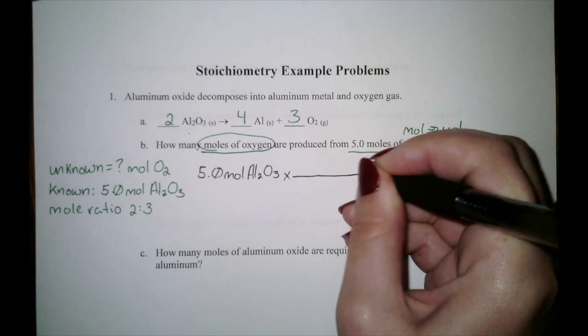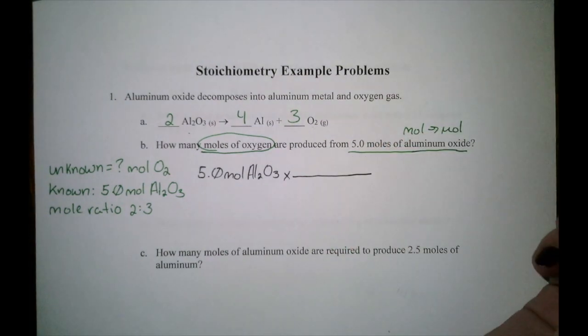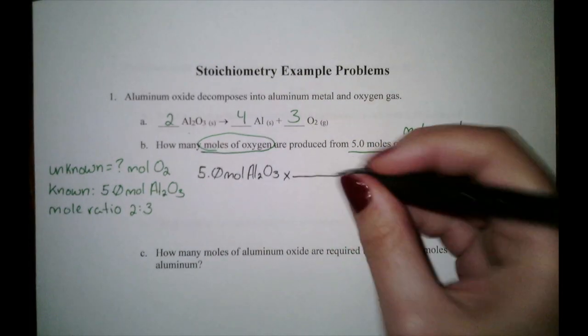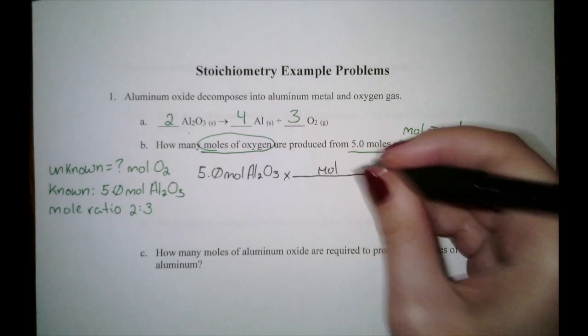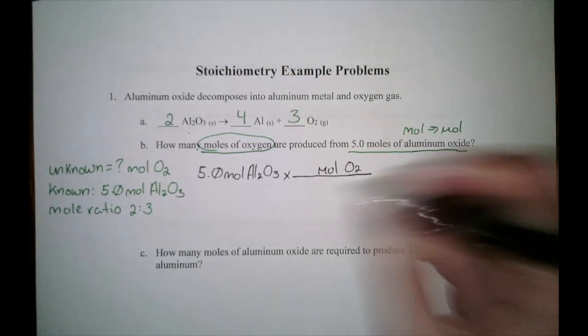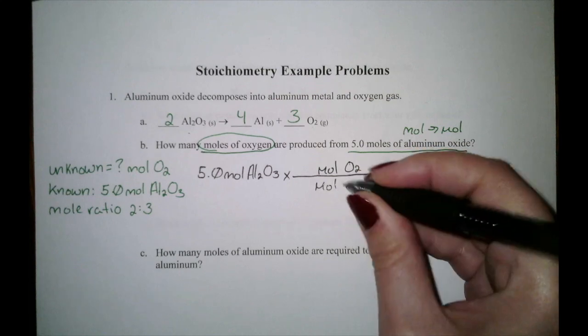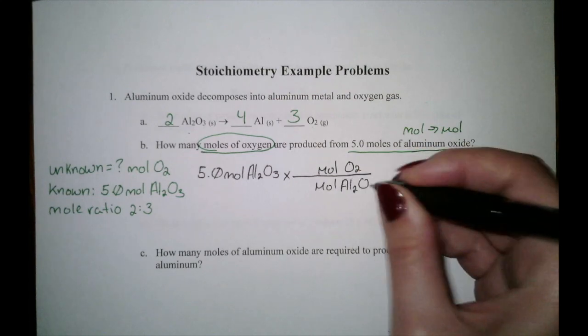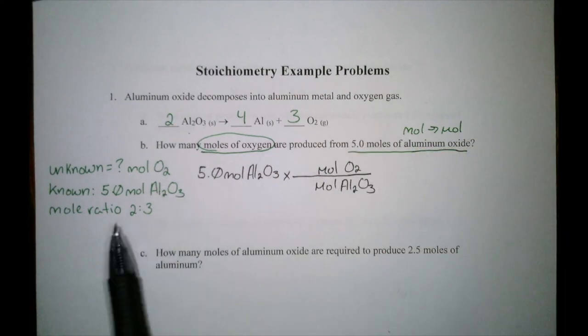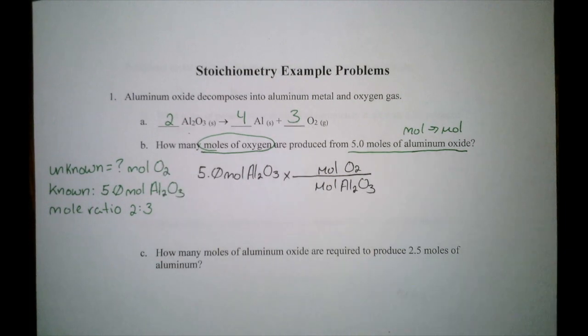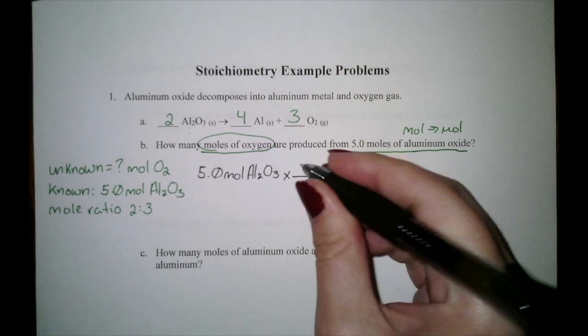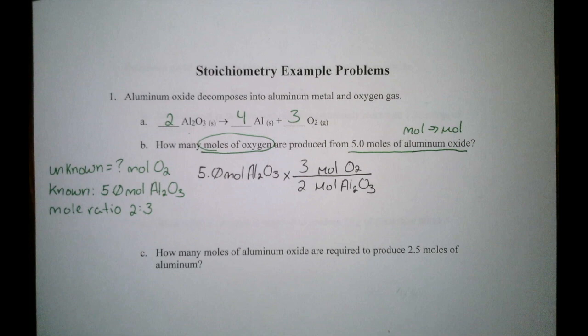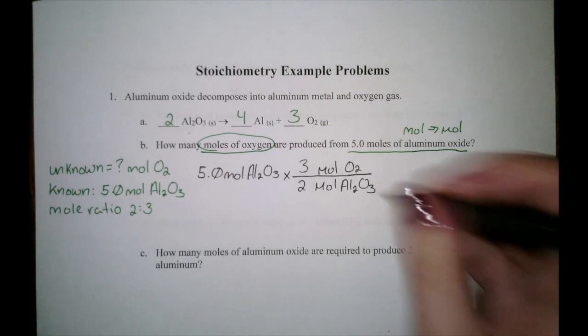I need to convert this to moles of oxygen. So I know that my moles of oxygen gas are going to go on the top, and moles of aluminum oxide on the bottom. Again, my mole ratio is 2 moles of aluminum oxide to 3 moles of oxygen.